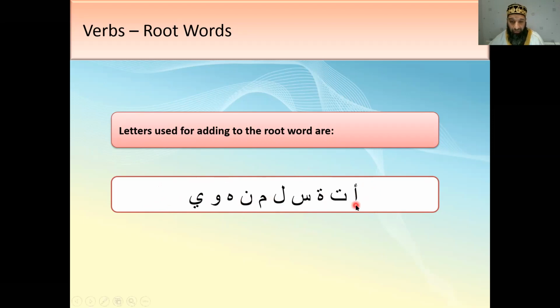Katabat, and taktubu, yaktubu, yaktubuna. Yes, you've got them coming there. Kitabi, yes, add a ya for kitabi, my book. Maktab. Yes, maktab, here we go. See, they're all to do with kataba, they're all to do with writing.